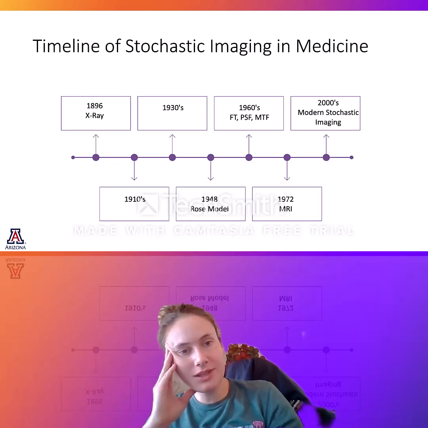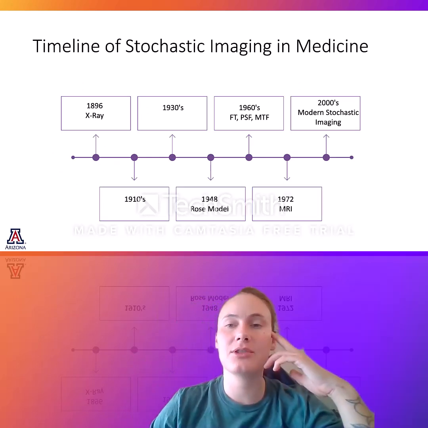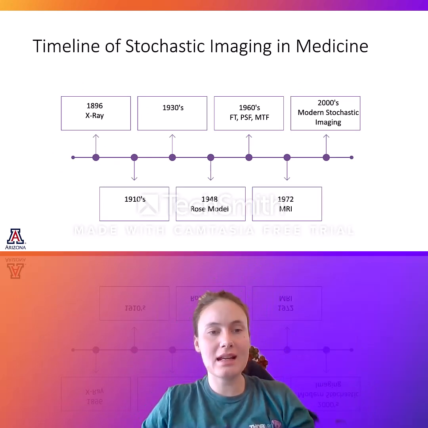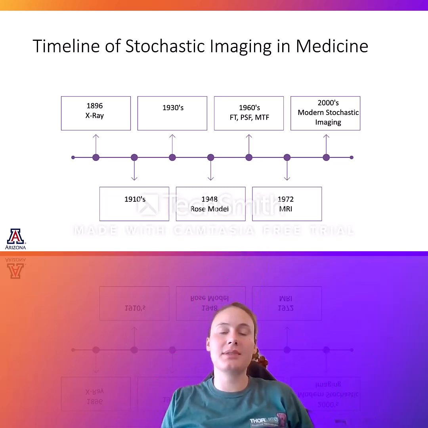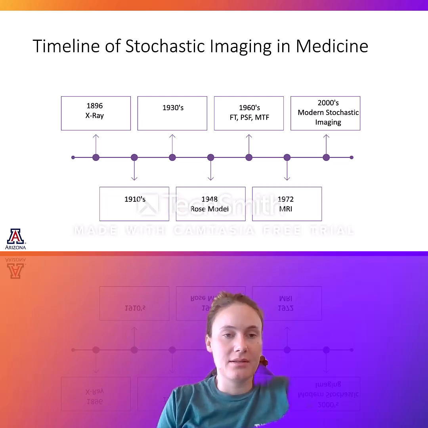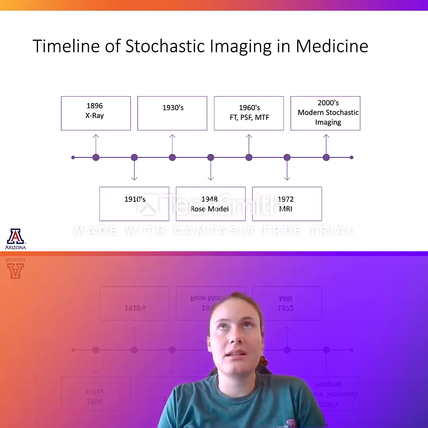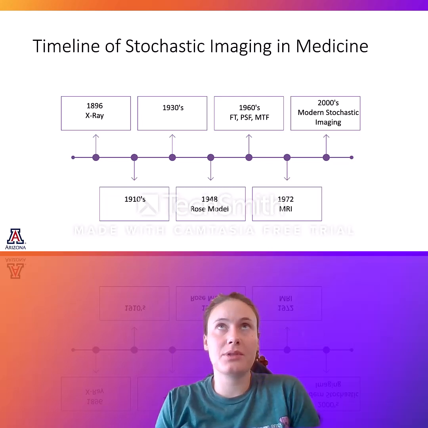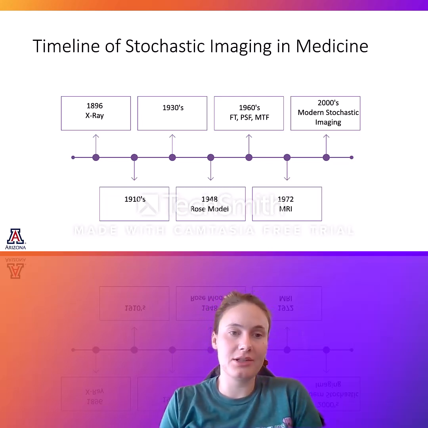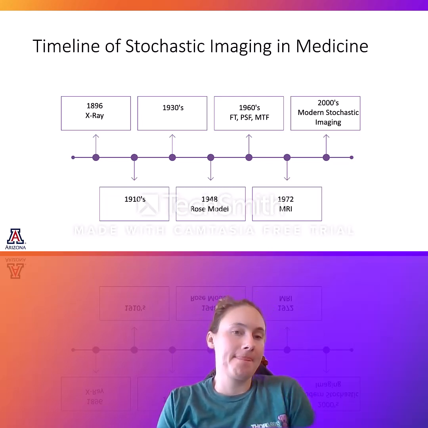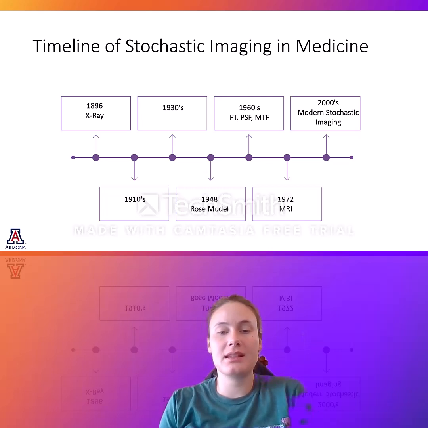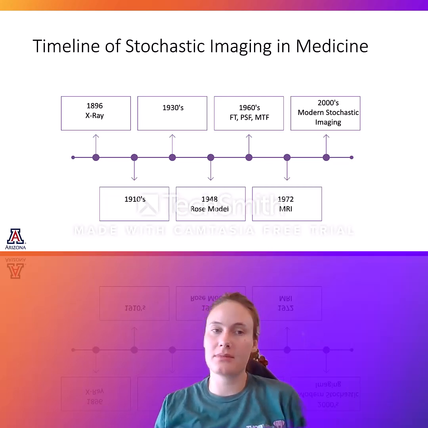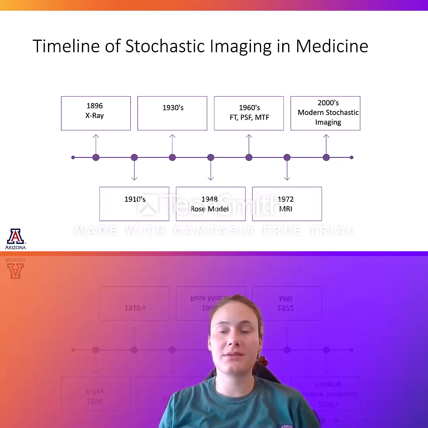Just to get a general timeline of stochastic imaging in medicine, in 1896, we had the X-ray developed. This was the first medical imaging technique, and it used a very simple stochastic process, just a ratio of input to output to measure an image of a hand. And then fast forward to 1948, we have the Rose model, which improved the X-ray image.